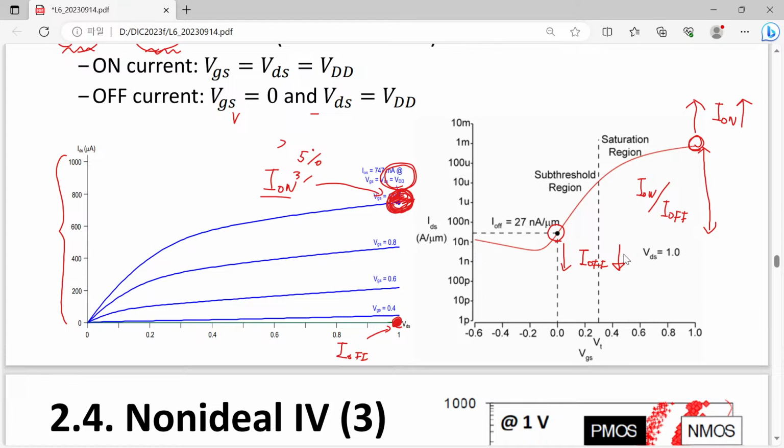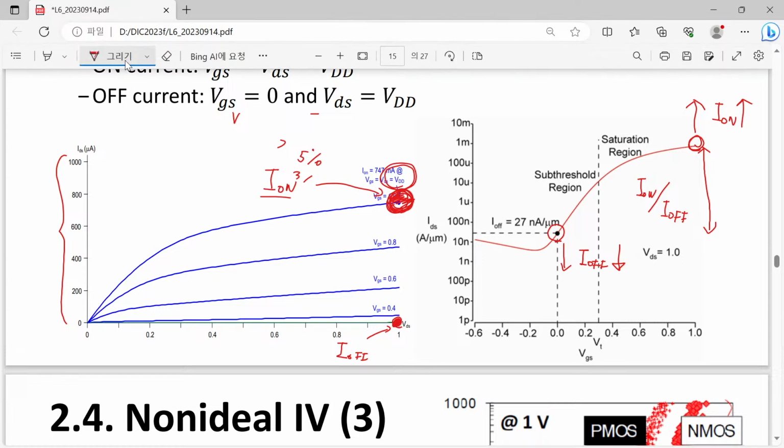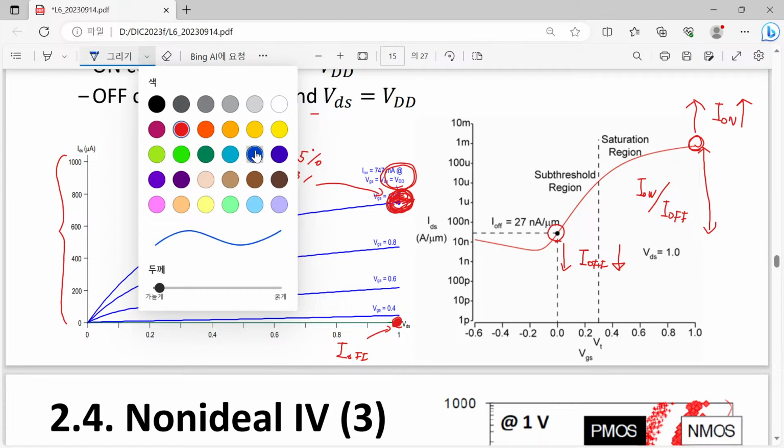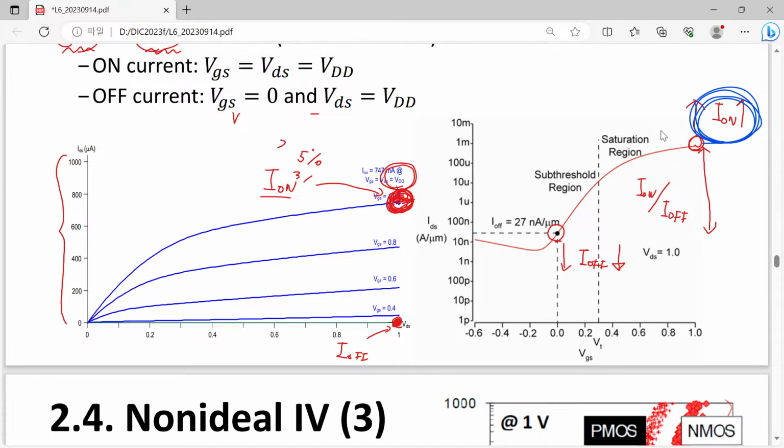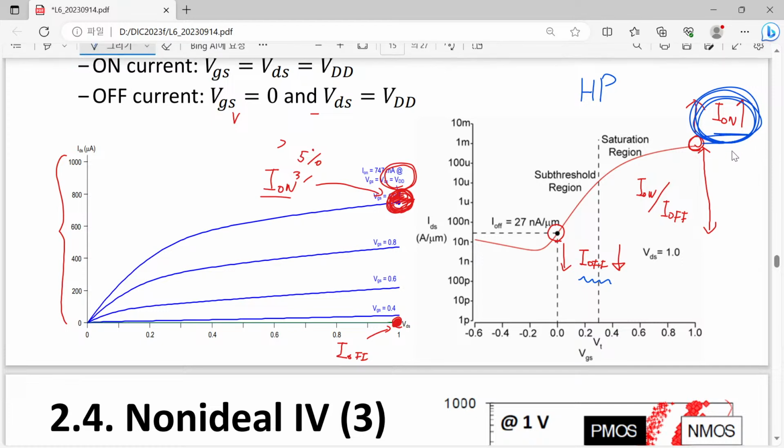So sometimes people should satisfy one thing. One option we usually take is, okay, I will just take this one. I will maximize the current. Then obviously there is no hope for us to have low I_off. So this transistor, the so-called high performance transistor, will conduct a lot of current when it is turned on.